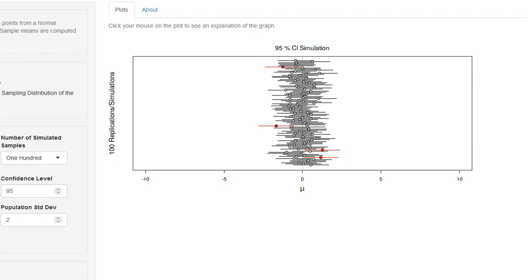So in a 95% confidence interval simulation, 96% of the intervals contain the population mean. If we keep adding intervals and increase the total number of intervals, then eventually we will get closer and closer to 95% of those intervals containing the population parameter.